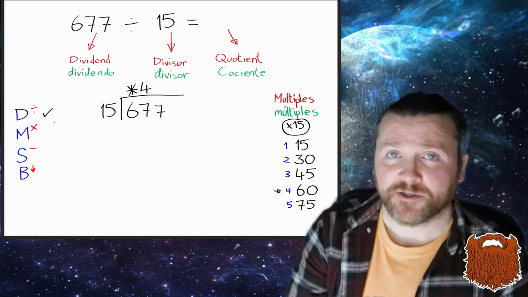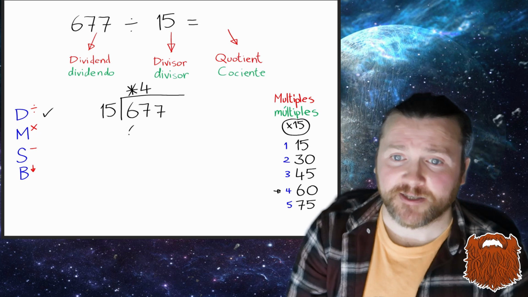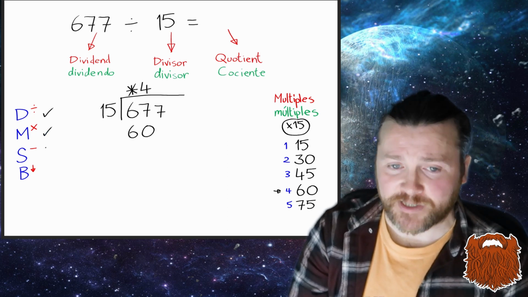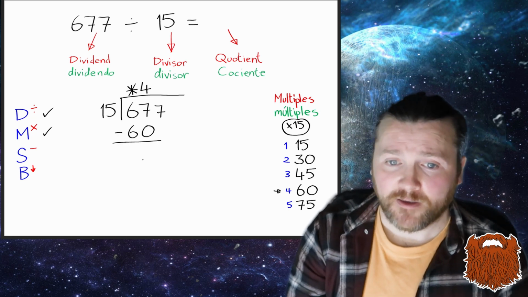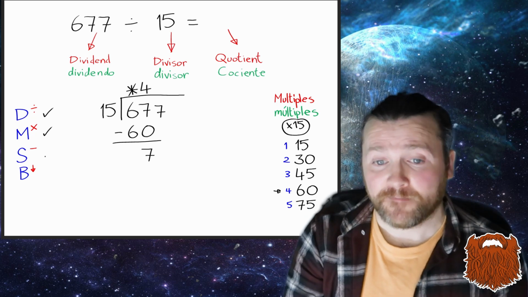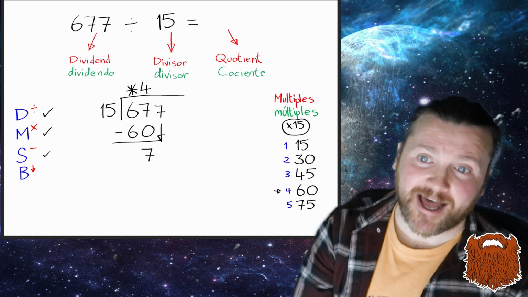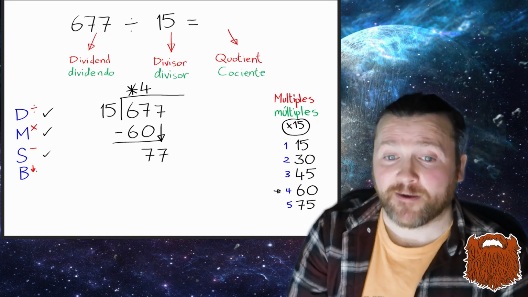Next, multiplication. So 15 by 4 is 60. We know from our multiples. Put a tick. Next thing is subtraction. 67 take away 60 is 7. Brilliant. Next thing, mover hacia abajo. So we bring down our 7.